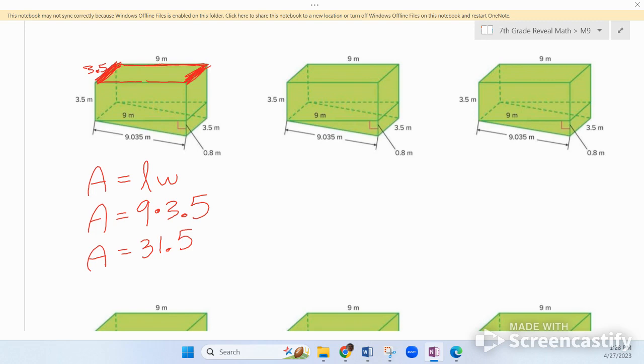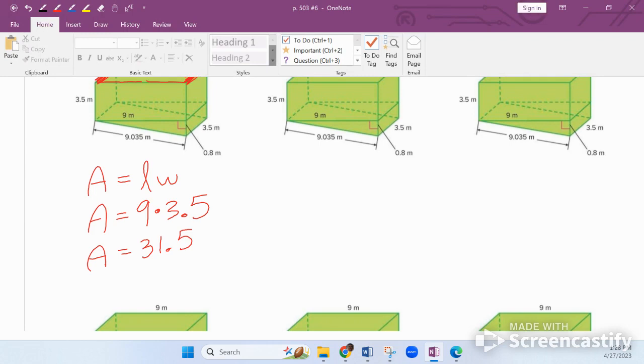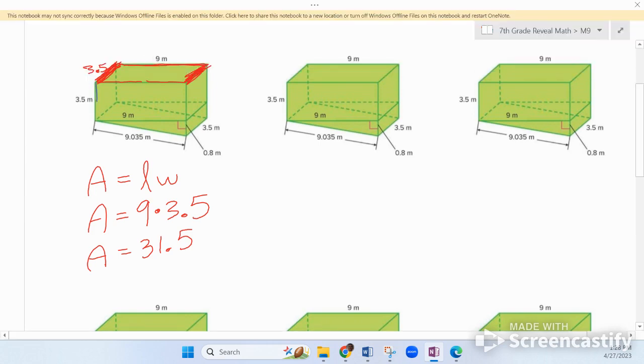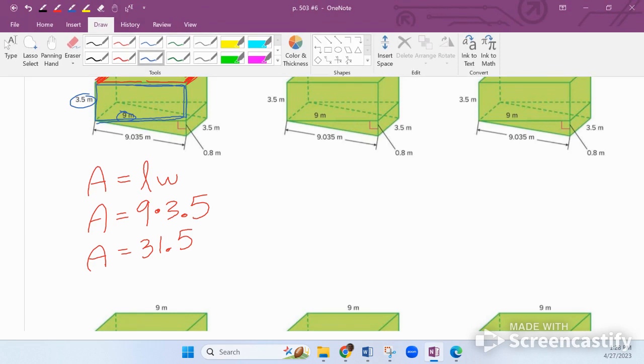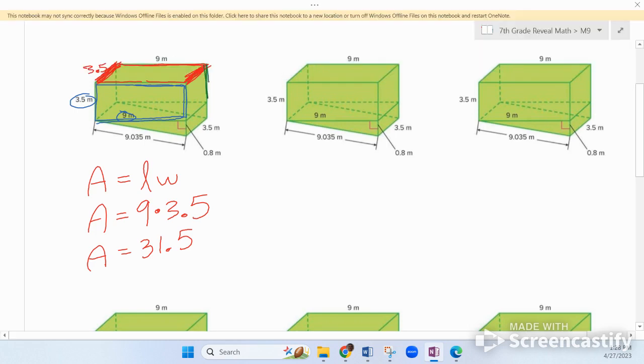Are you saying like the front rectangle, the back rectangle? So if I were to change the color, this rectangle is also a 9 by 3.5, and since it's a prism shape, we know the back is identical to that. Why don't we go with green, even though it's already a little green? All right, that's that one.